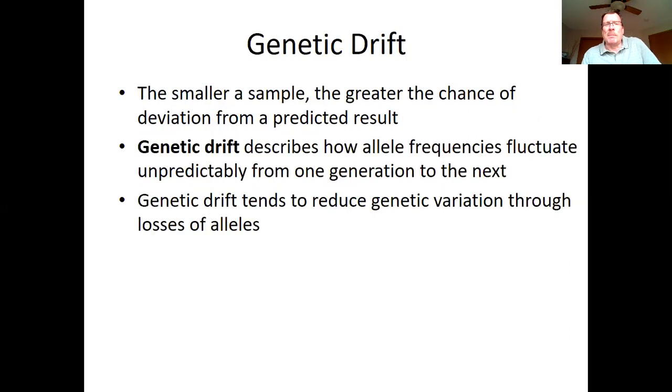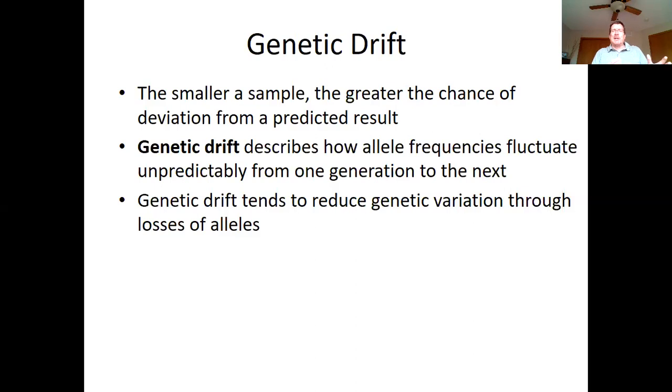Let's talk more about genetic drift and gene flow. There are different categories under genetic drift, but here's the basic idea. One of the problems with genetic drift is you might have a small sample size, a small population. The smaller that population, the greater the chance of deviating away from Mendelian percentages and Hardy-Weinberg equilibrium percentages.